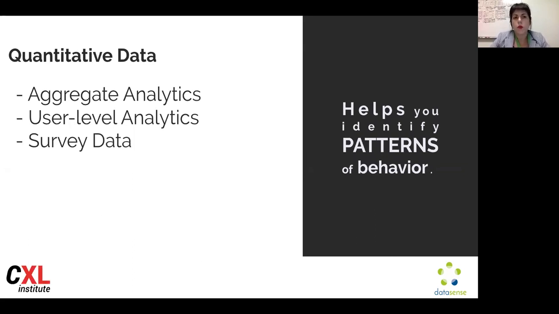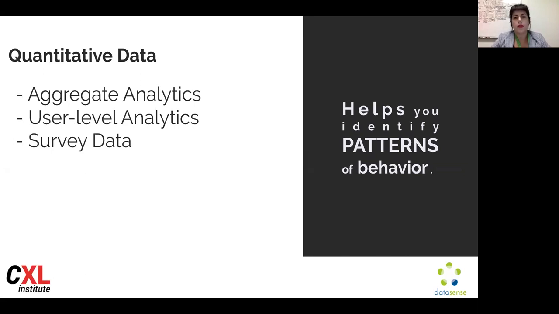Then, of course, we have quantitative data. Typically, what they say about quantitative data is that it answers the what, so it tells you what's happening, right? Especially when we're talking about aggregate analytics, such as the ones that you will have from Google Analytics. In general, it helps you to identify or confirm patterns, right?